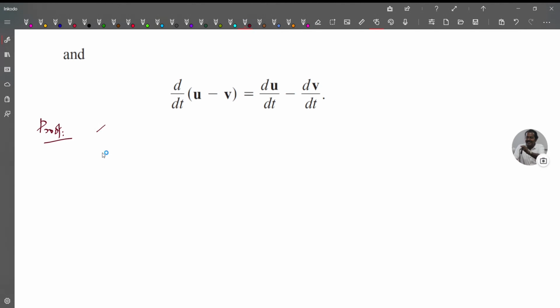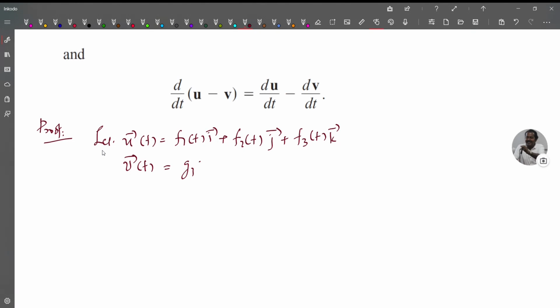Let u of t is equal to f1 of t i plus f2 of t j plus f3 of t k, and v of t equal to g1 of t i plus g2 of t j plus g3 of t k.